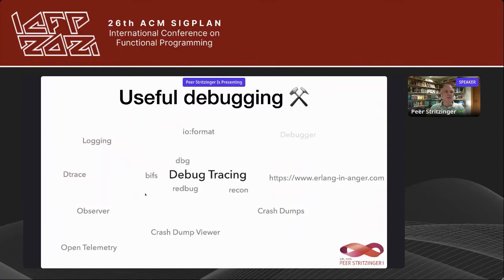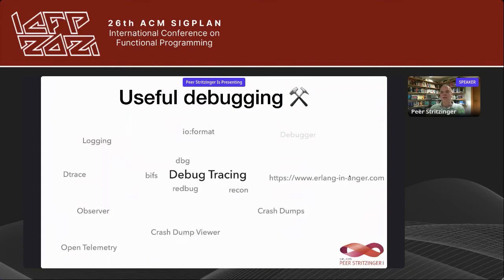There's logging, there's tracing, which lets you inspect the Erlang VM itself. There's the Observer tool where you can inspect your system. If the Erlang system goes down, you get a crash dump, and there's the crash dump viewer, which is part of Observer and other tools.